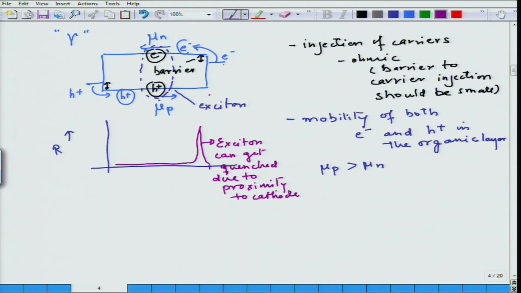And that is why it is required that the mobilities of the two carriers should also match in this particular device. So, what are the ways in which we can do that?